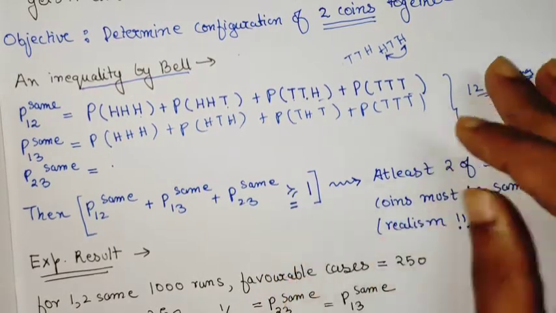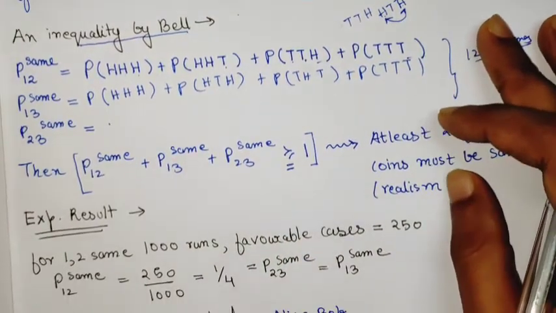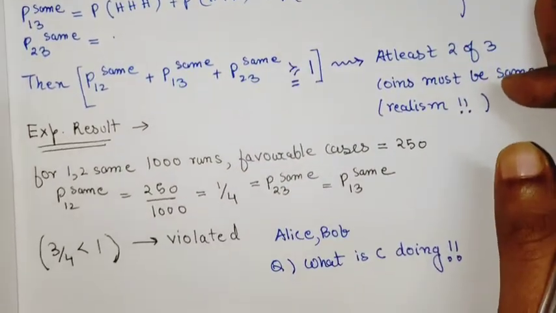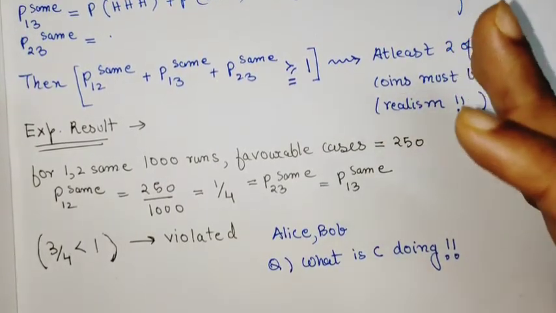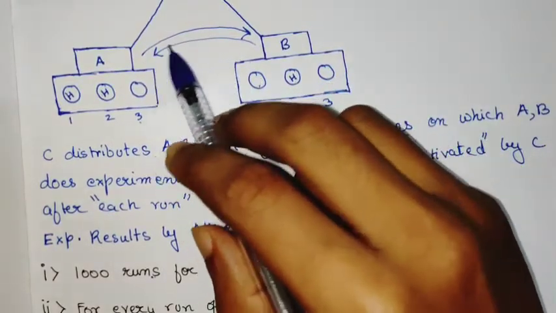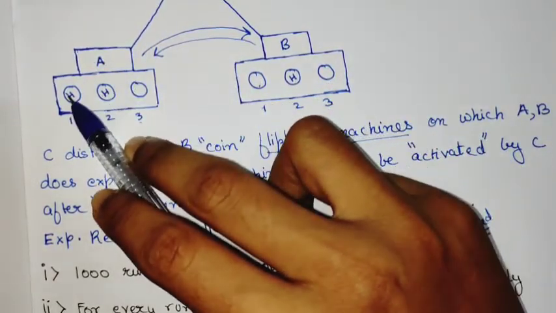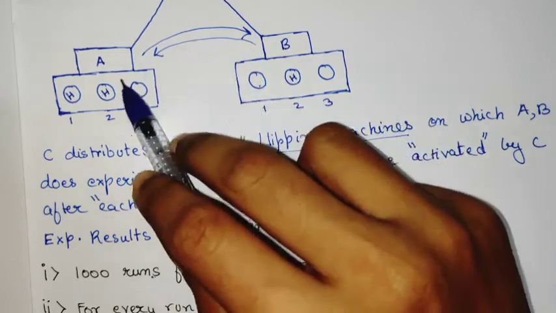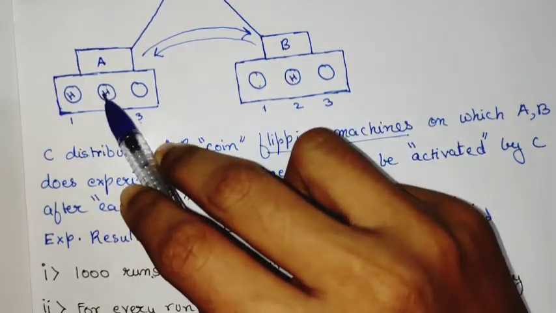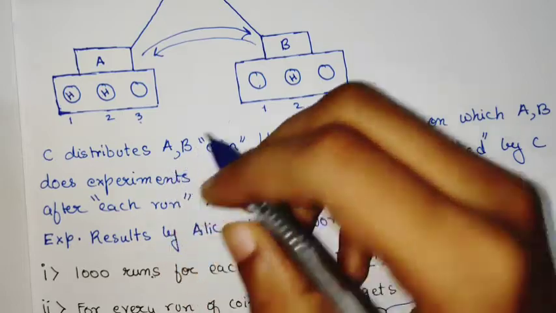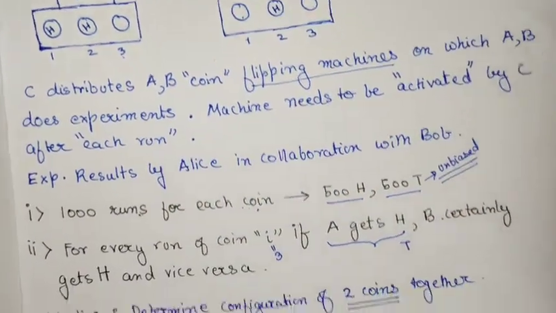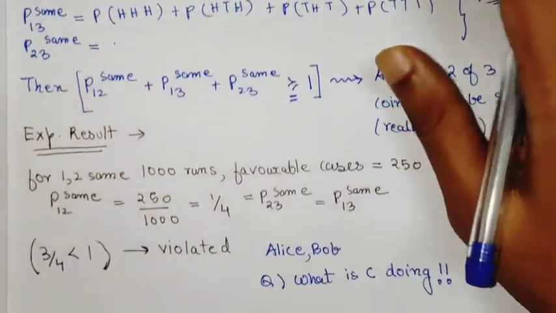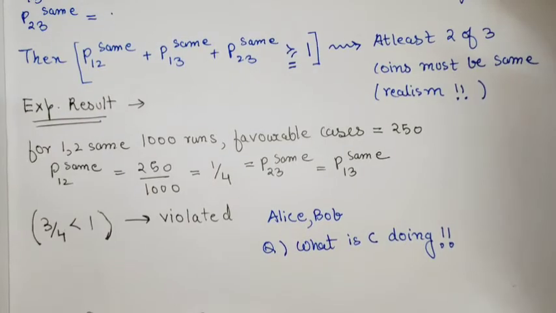So what they have to do is perform an experiment where they perform this kind of local communication, where Alice uncovers one coin, relays it to Bob, Bob uncovers another coin, relays back to Alice, and Alice gets two the same. And over a series of 1,000 such runs, they have to do this same thing.